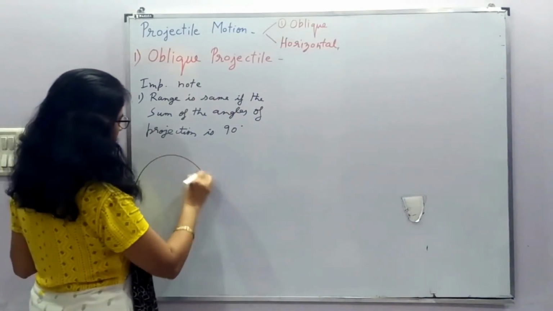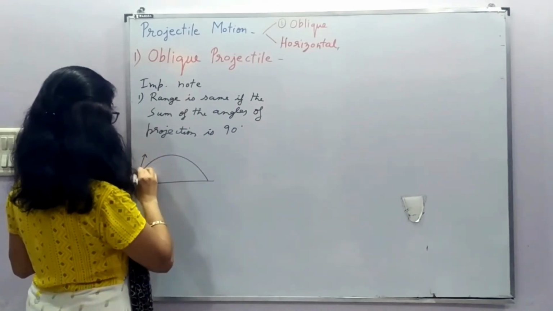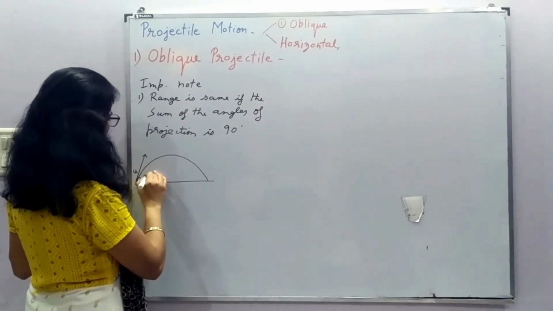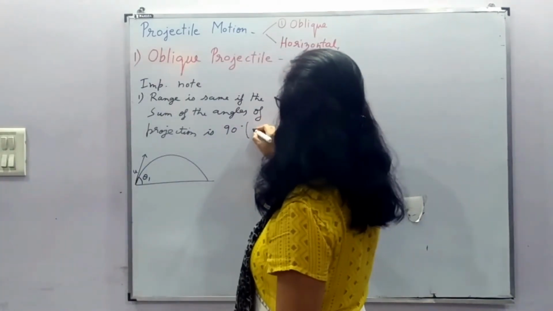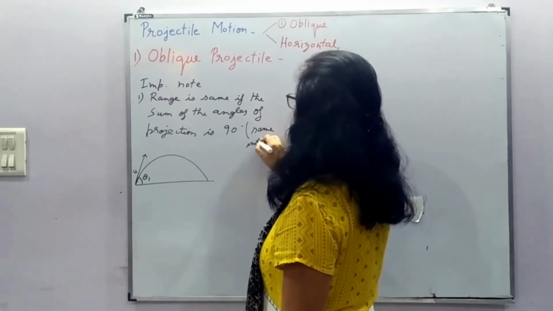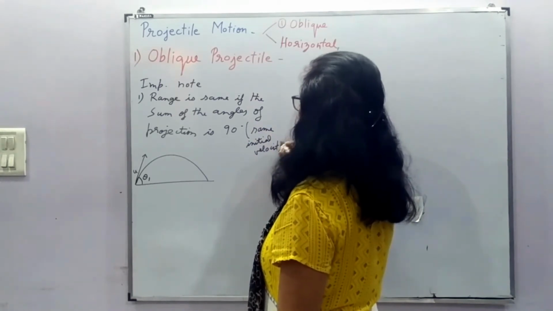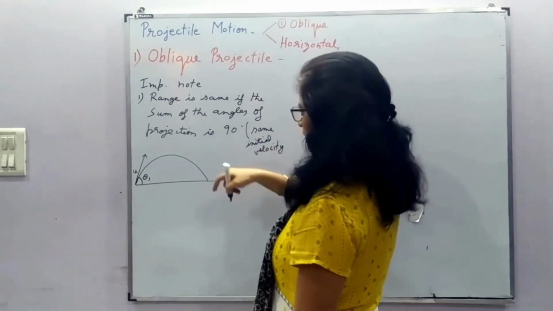In one case, suppose the angle of projection is theta 1, right? This is applicable for the case of same initial velocity. This is important here. For same initial velocity case, this is applicable.